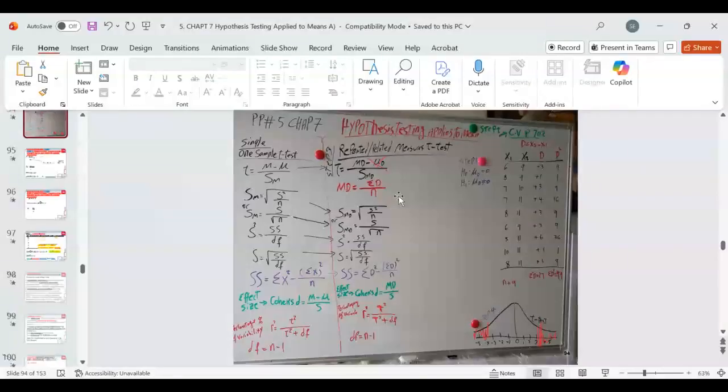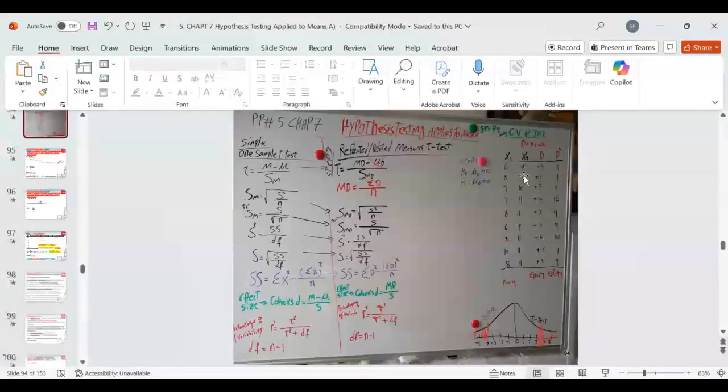For the single sample, you have one sample, so the X are your scores.